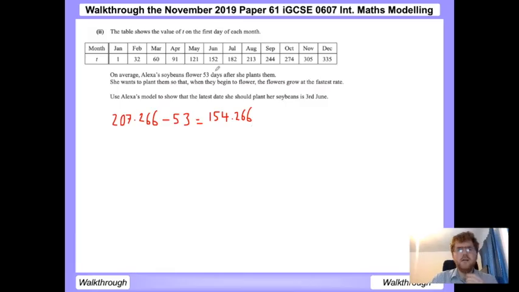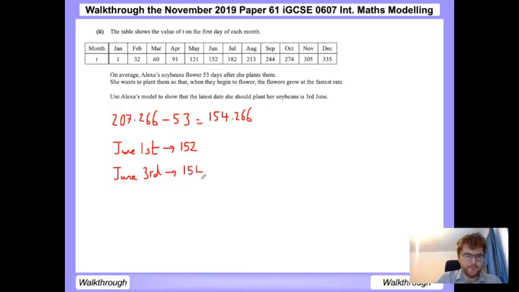154.266. So notice June the 1st is equivalent to 152. So it'll be during June the 3rd when it would dip below that line, because June the 3rd, if we count on 2 from 152, gives us 154.